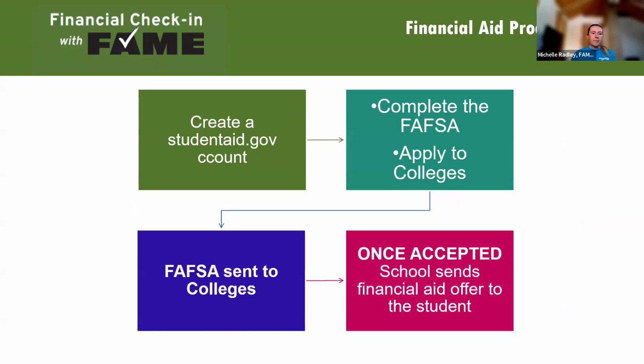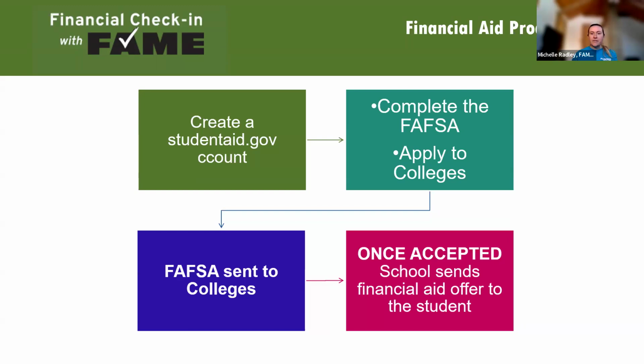So just jumping back in to give a little bit of an overview of the financial aid process. You'll start by creating your account at studentaid.gov, completing the FAFSA, and applying to those colleges. Likely at this point in the year, that's already been done, and you're waiting on some of those financial aid offers to come in.